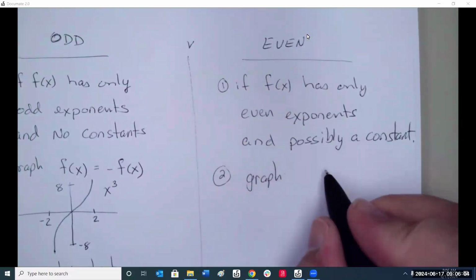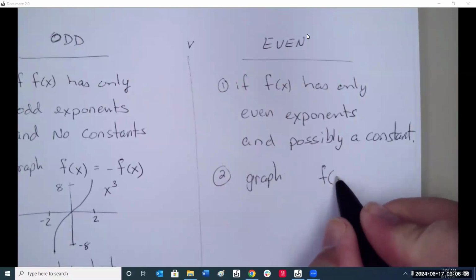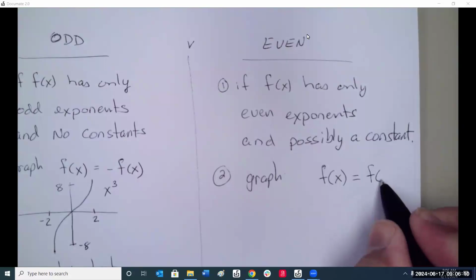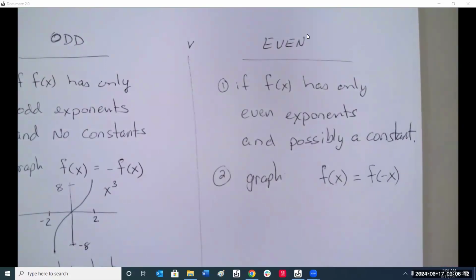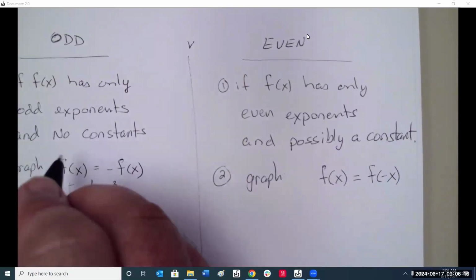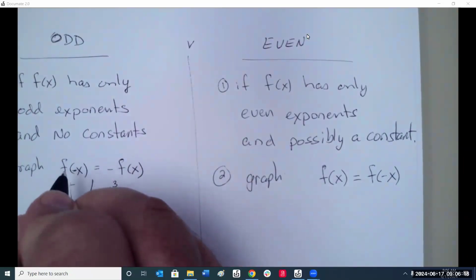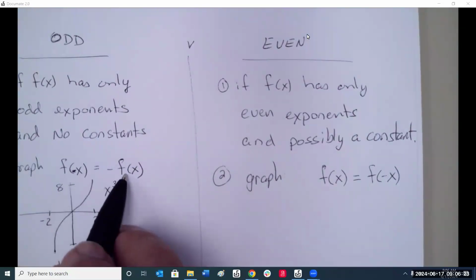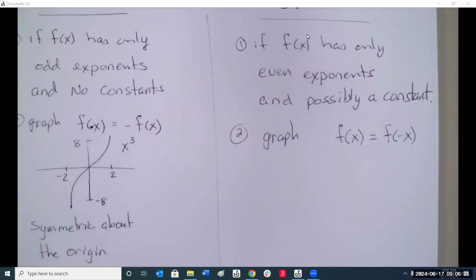The graph of the function, if I change a sign inside there, it changes the sign of the function.